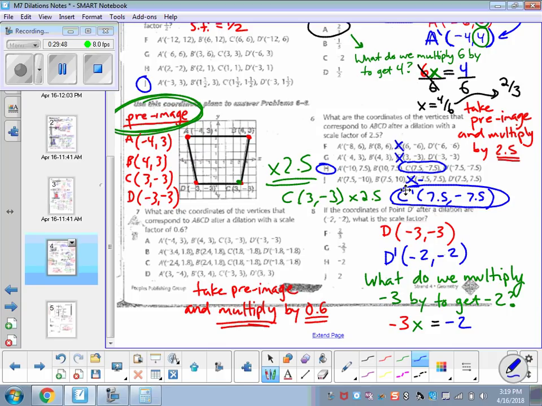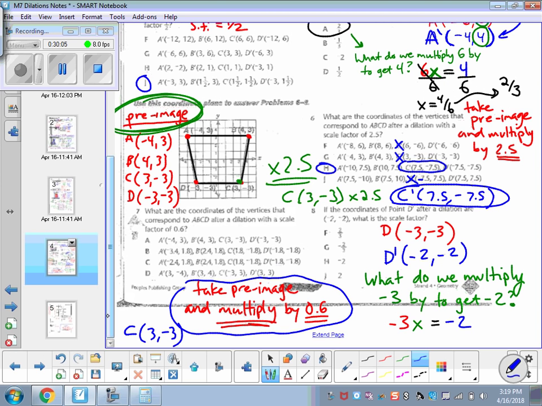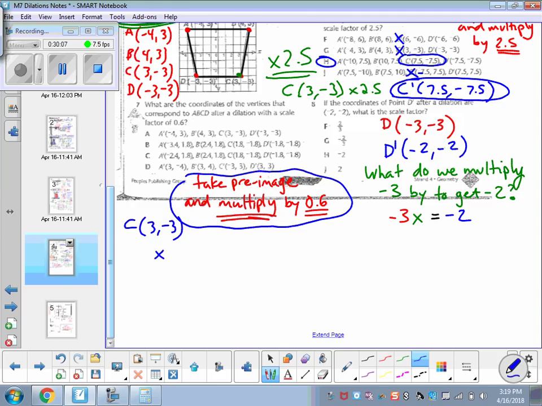All right, for number 7, all you have to do is take the pre-image and multiply by 0.6. So since I started with C, let's keep with C. C for the pre-image is 3, negative 3. And now all I'm going to do in the calculator is multiply it by 0.6.